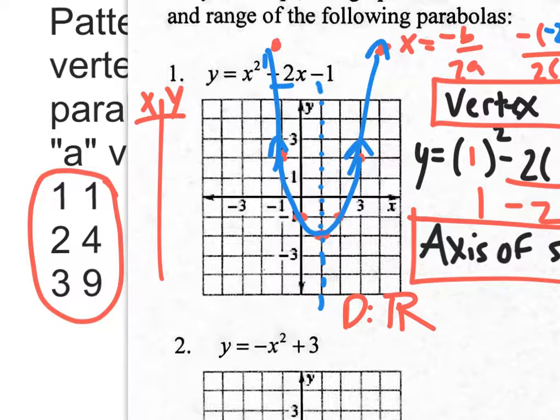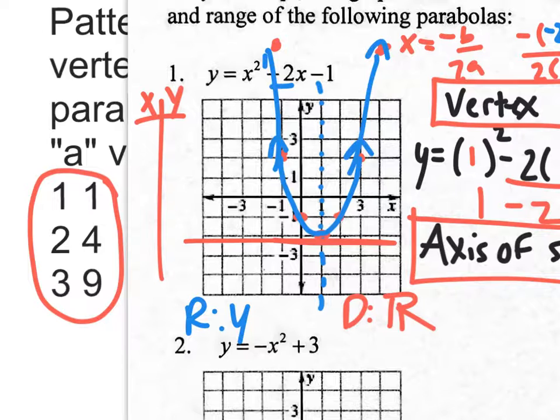Now the range are your y values, either going up or down. Now we just said a while ago that this has a minimum value, right? It's up here, it's going down, and all of a sudden it reaches a minimum value and it curves back up. So we should understand the range is y is what? If it has a minimum value right here, what's the minimum value there?